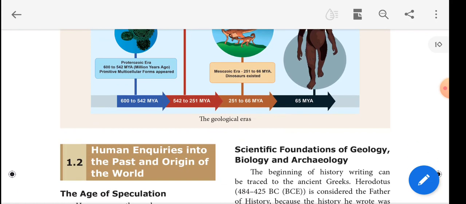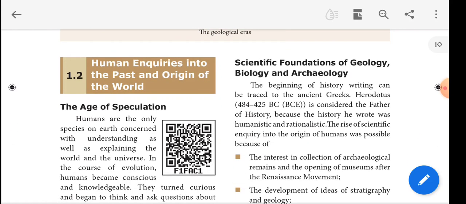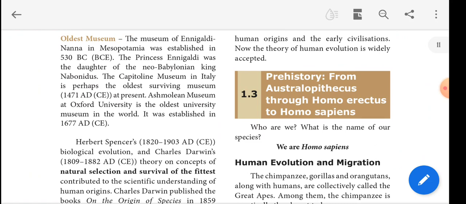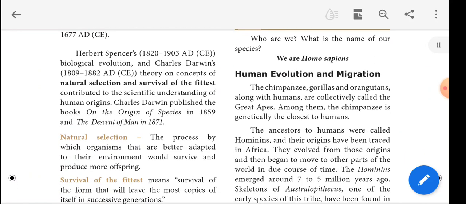We already discussed, and also we discussed the age of speculation and scientific studies and the forms Australopithecus through Homo erectus to Homo sapiens. So that means here the human evolved from the apes. We know that. So how the human evolved, how the apes became a modern human, these are the things we discussed.